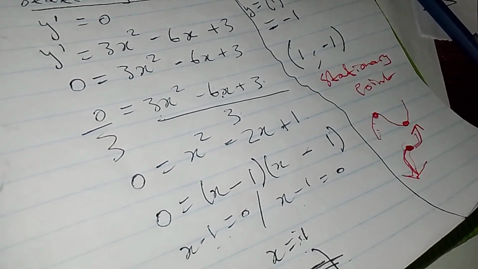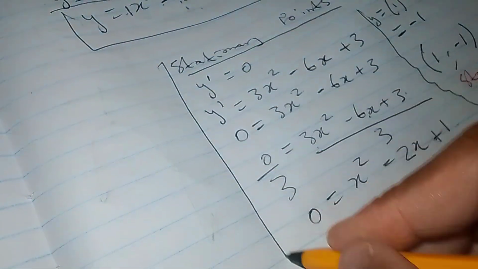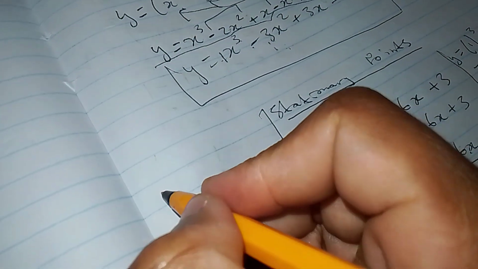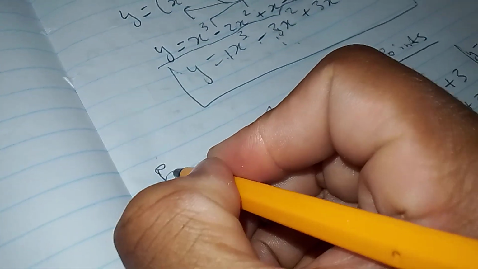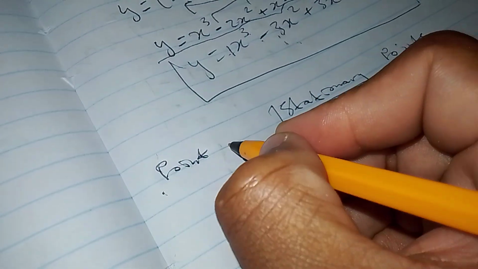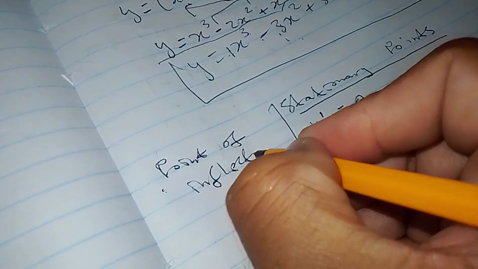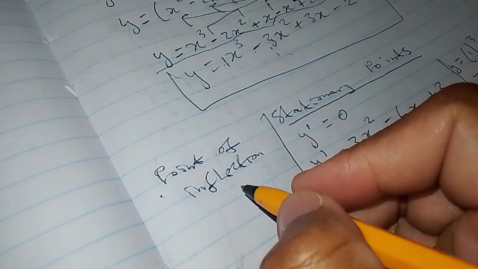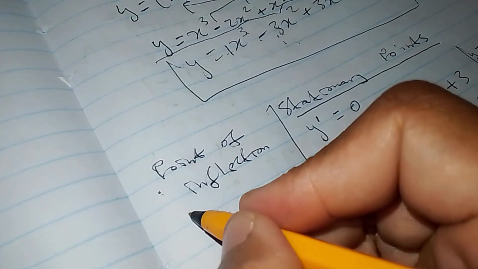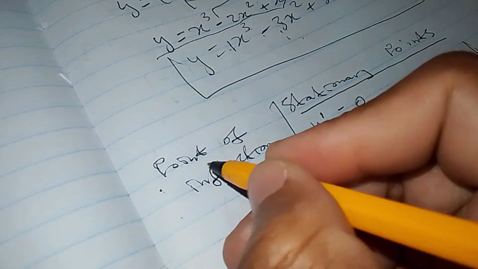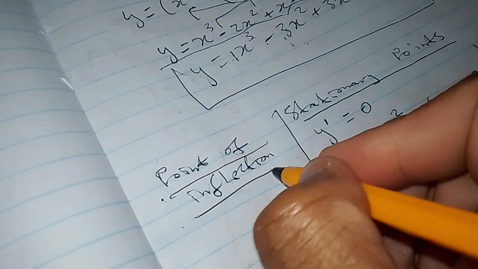Let us check the point of inflection. For you to get the point of inflection, let me write it here on the space because the space is too big. The point of inflection is where the graph changes concavity.